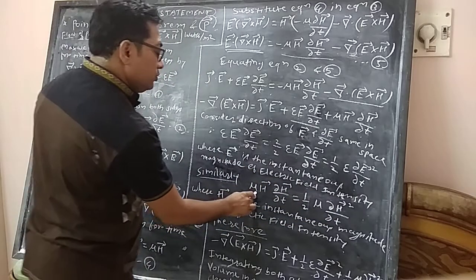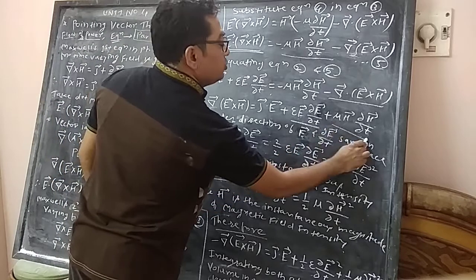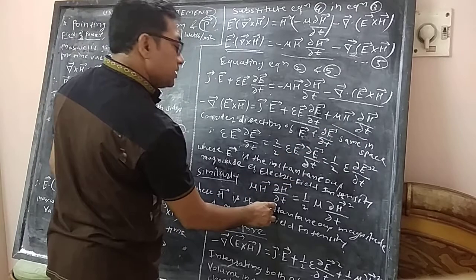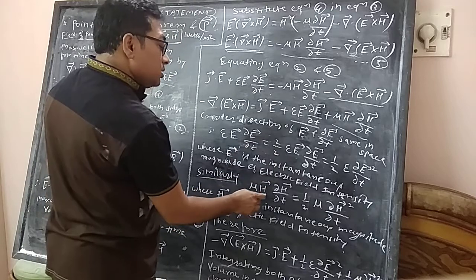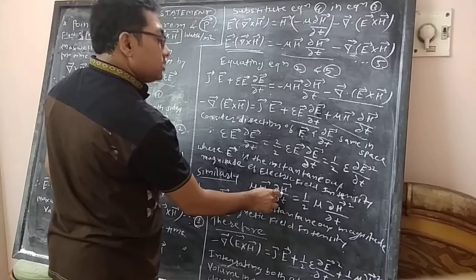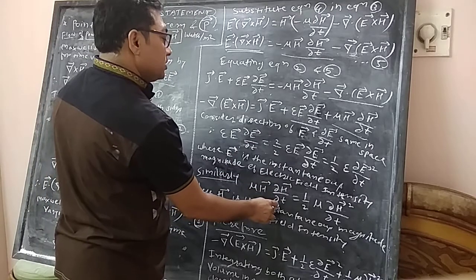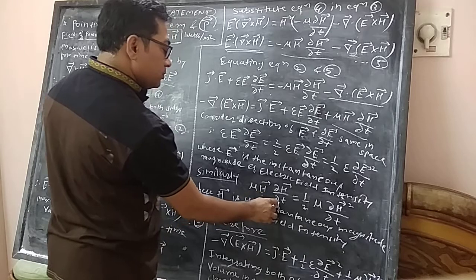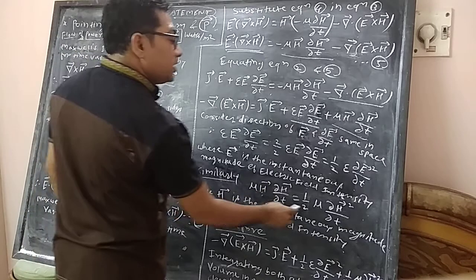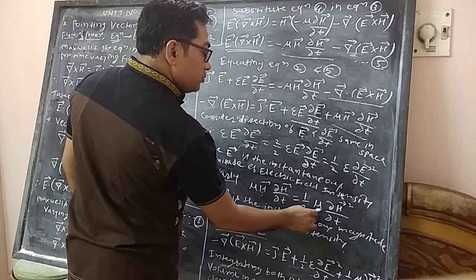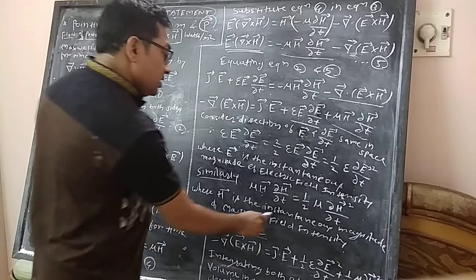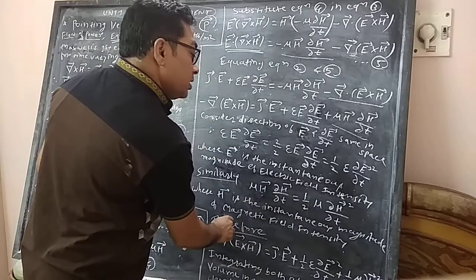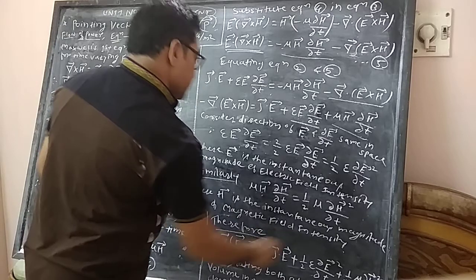Similarly, for the mu term, that is mu H vector del H vector by del t, the magnitude of H vector and del H vector by del t are the same in space. So we again get 1 by 2 mu del H vector square divided by del t, where H vector is the instantaneous magnitude of magnetic field intensity.